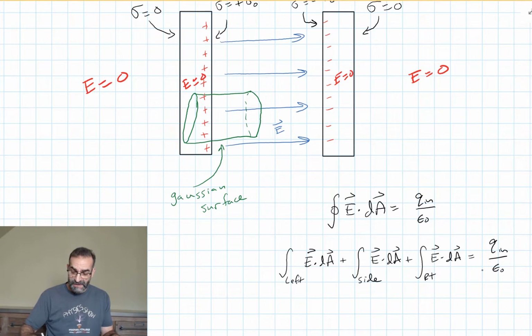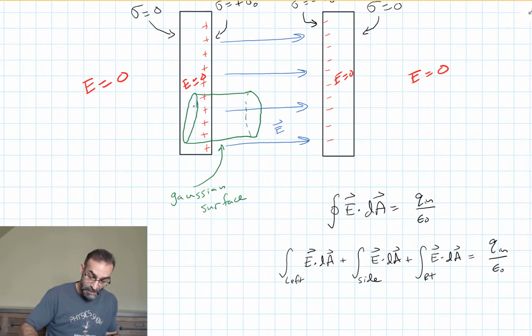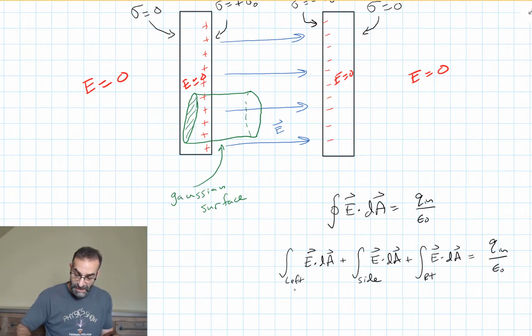Because my Gaussian surface has three sides, I can break it up into three integrals. The left side, I know the electric field is 0 over this whole face, so this is just going to give me 0.